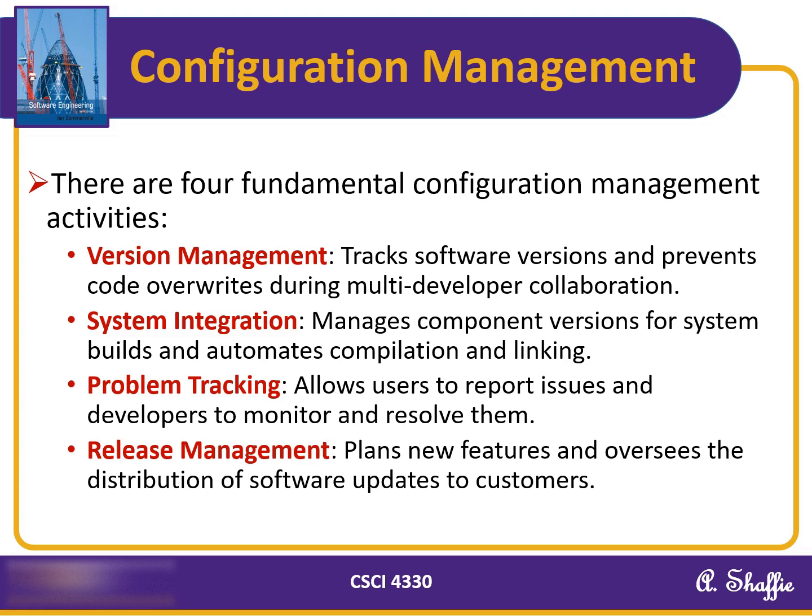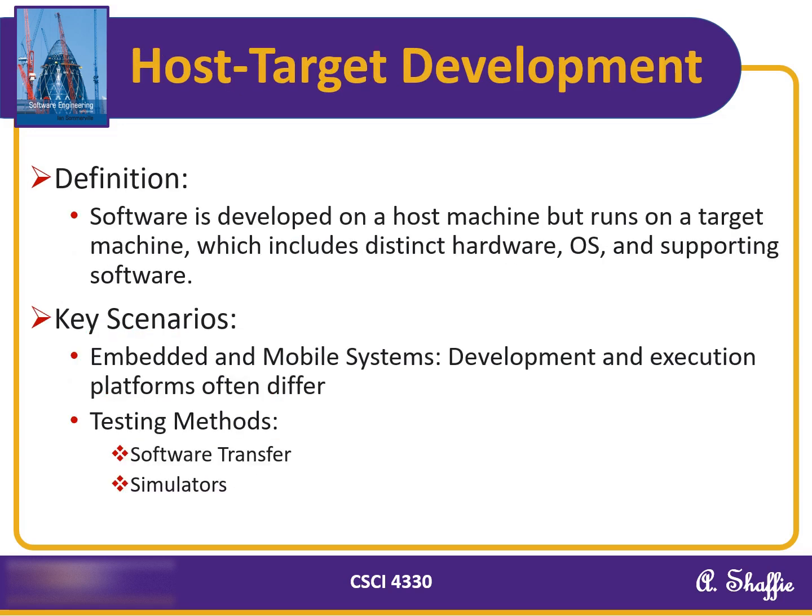So let's now explore the third implementation issue. What is host-target development? This is when software is developed on a host machine but runs on a target machine. The two machines may have different hardware, operating systems, and supporting software.